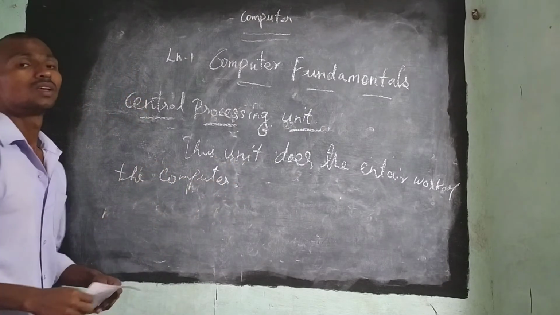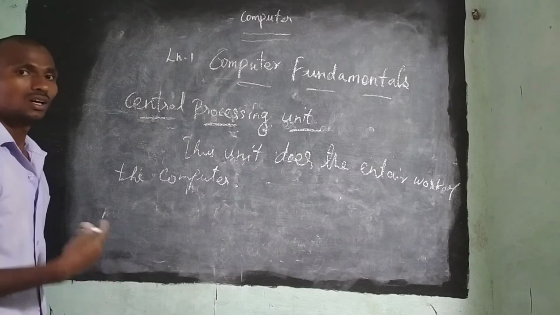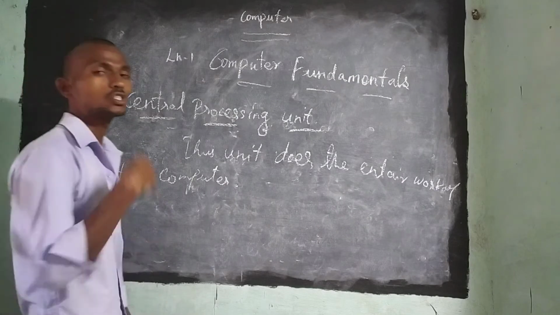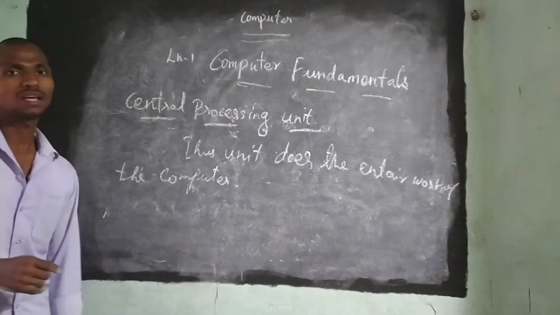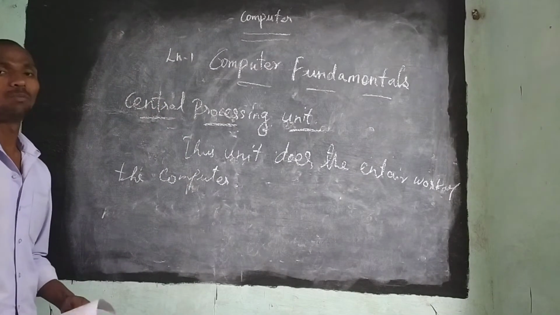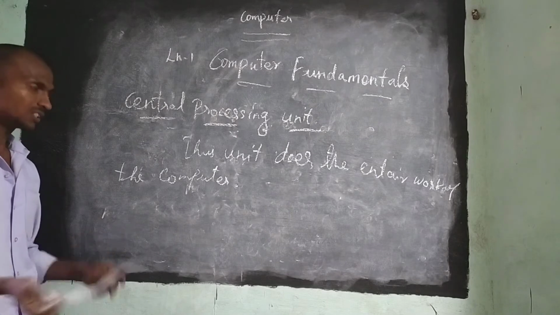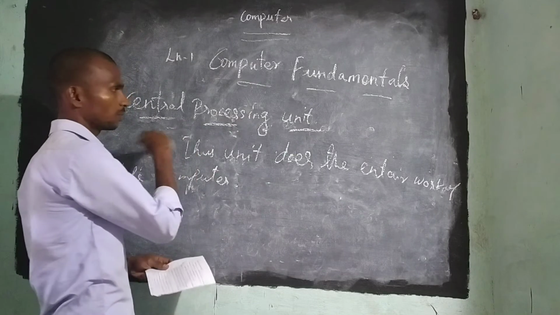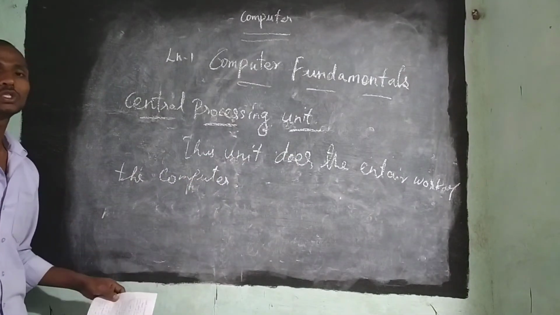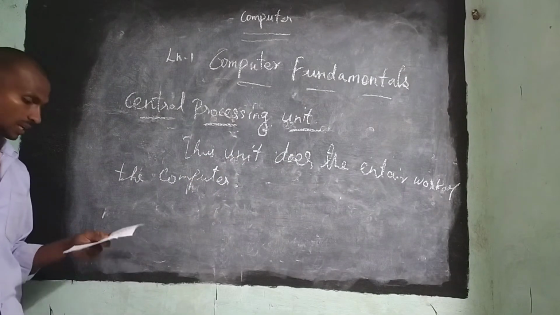It is also called the brain of the computer. It gets the information from the input unit, processes it in the central processing unit, and sends it to the output unit as a result.